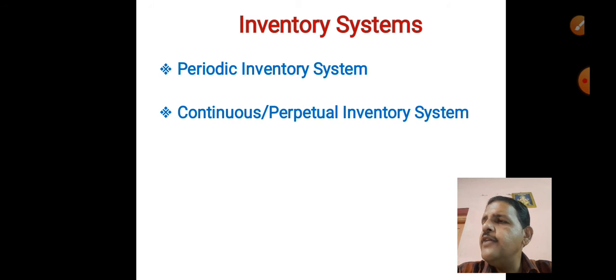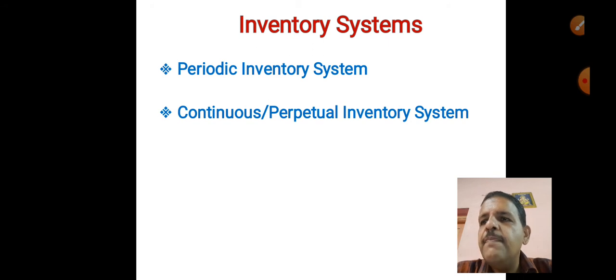A system in which stock is verified only at the end of a certain period, maybe at the end of the financial year, is known as the periodic inventory system. When we say continuous or perpetual inventory system, it is a system of records maintained by the controlling department which reflects the physical movement of stock and their current balance.